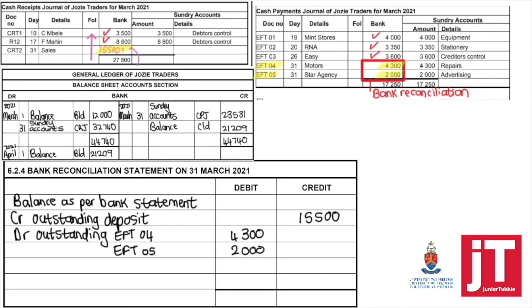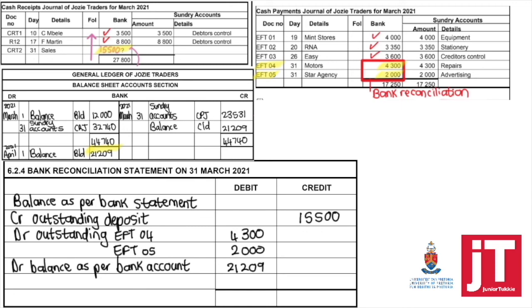So next, we're going to fill in balance as per bank account, and it should always appear as it appears in your books. Make sure you take the total that you have calculated. So the balance as per bank account is 21,209. Once I've now completed all the entries in the bank reconciliation statement, we can now calculate the balance as per bank statement.